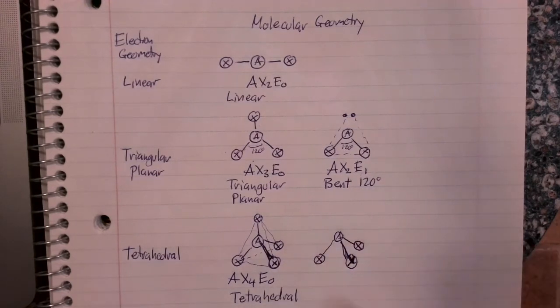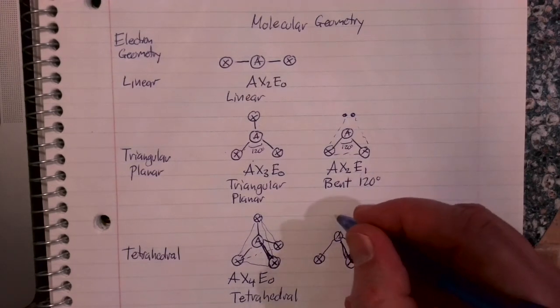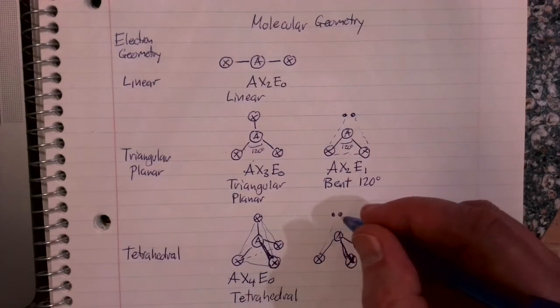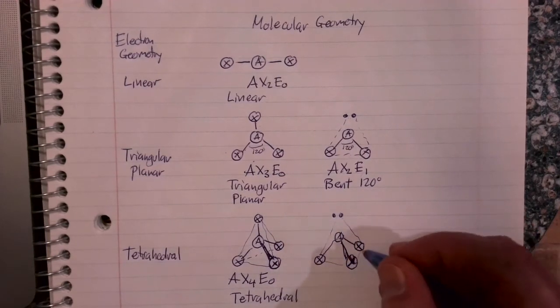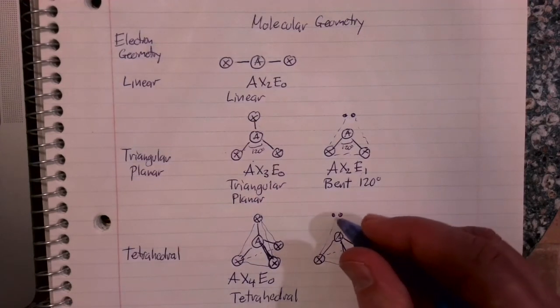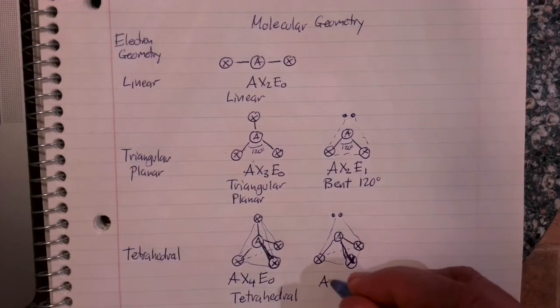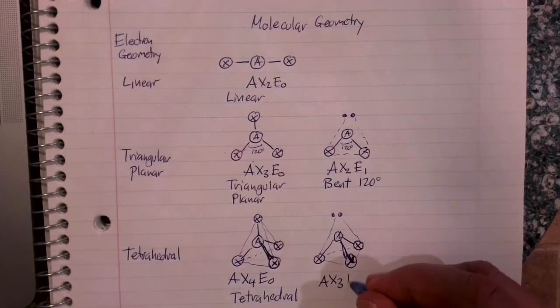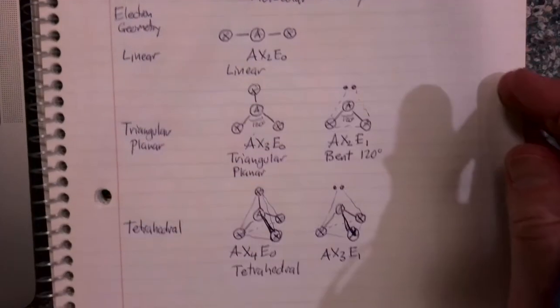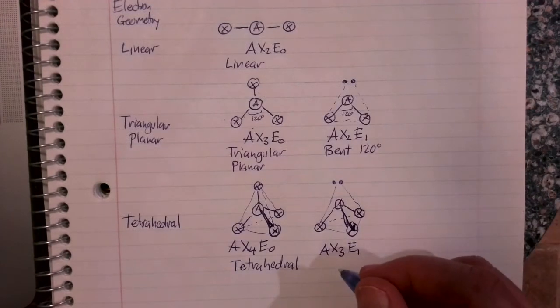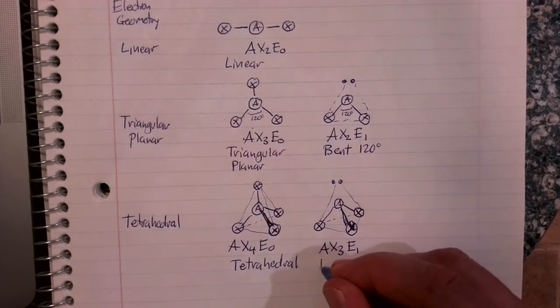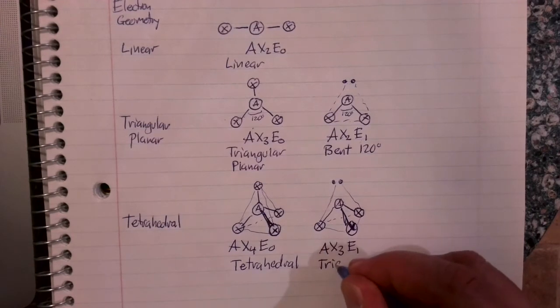So I've got these things arranged in sort of a tripod-looking thing, but then I have an unshared pair at the top. I still have that sort of tetrahedral arrangement, if you look, right, for my shape, but I can't see the top vertex. And this is my AX3E1, right? And I'm going to call this a triangular pyramid.